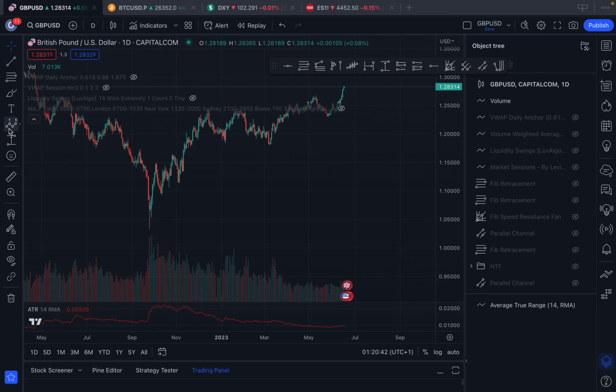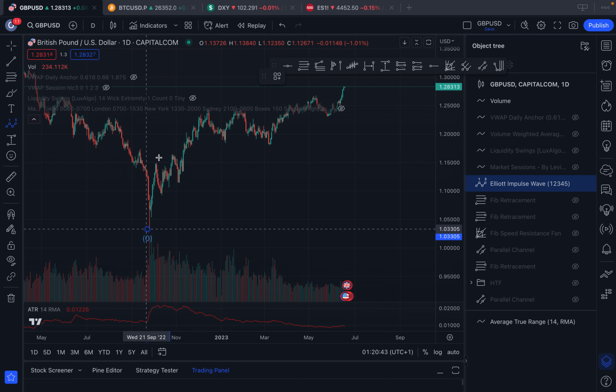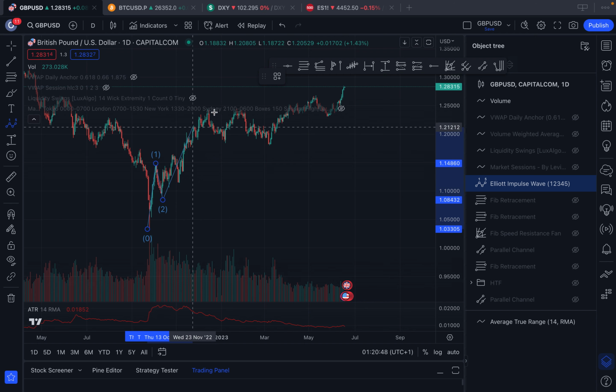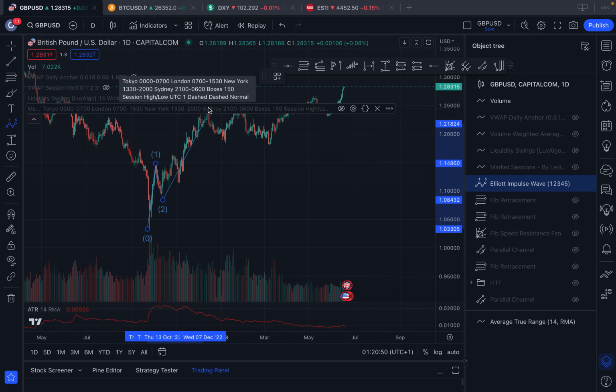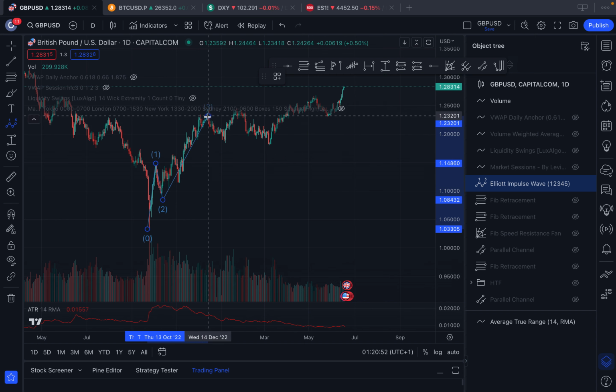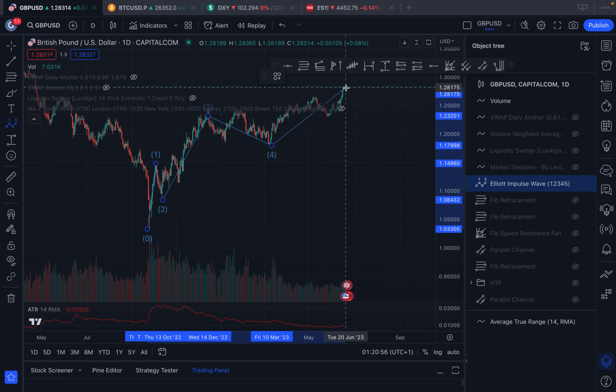And if we go for a different one, so let's do this 1, 2, 3. Again, this last wave that we've got has pumped so much that it's almost the same level as wave 3.